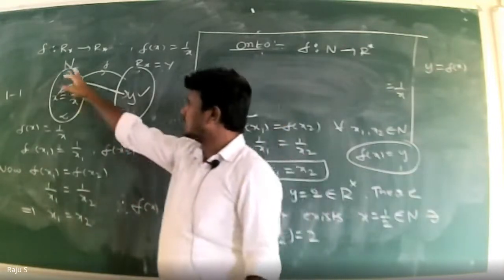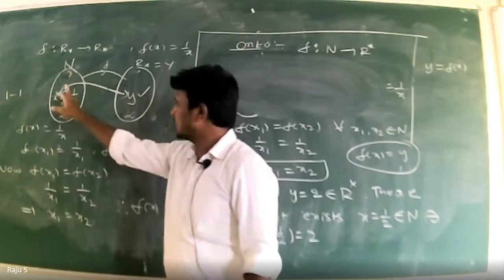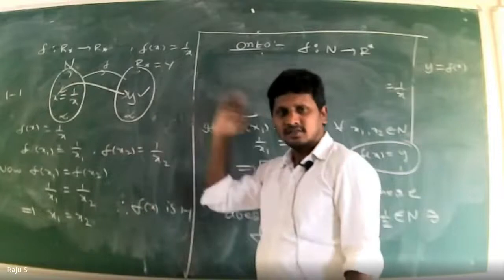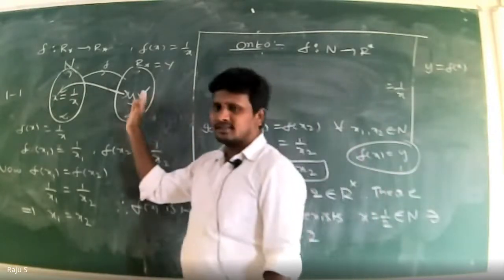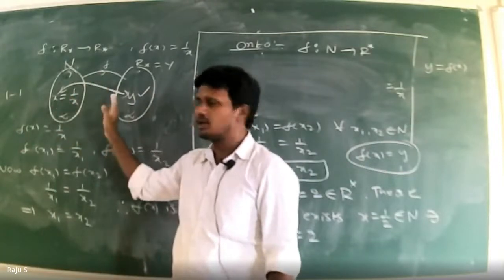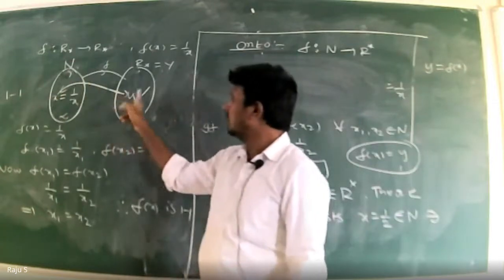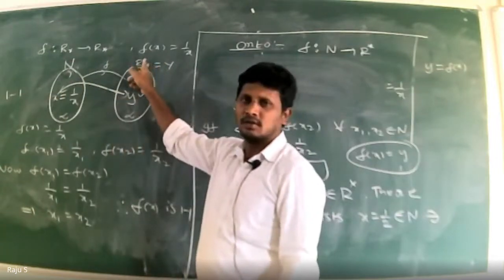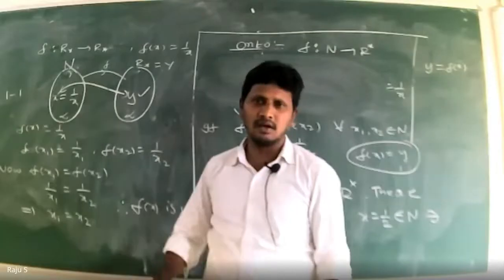When I replace the domain by natural numbers, clearly it is 1-1 because distinct elements have distinct images, whereas there does not exist pre-images for all values of y belonging to R star. Okay, then it is not onto. Okay, sir. Thank you, sir.